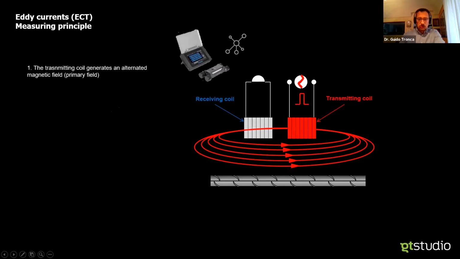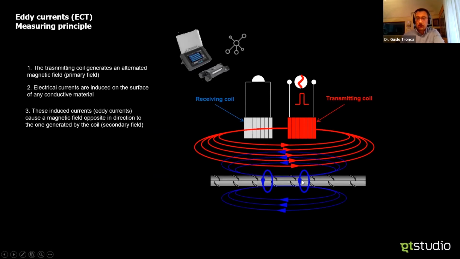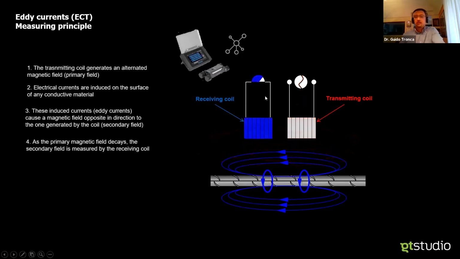Now, when I use a rebar locator, a traditional rebar locator, I will play with a magnetic field. I will generate a magnetic field inducing electrical currents on the surface of any conductive material, which in turn will generate an opposite field. That is the ultimate quantity that I measure.